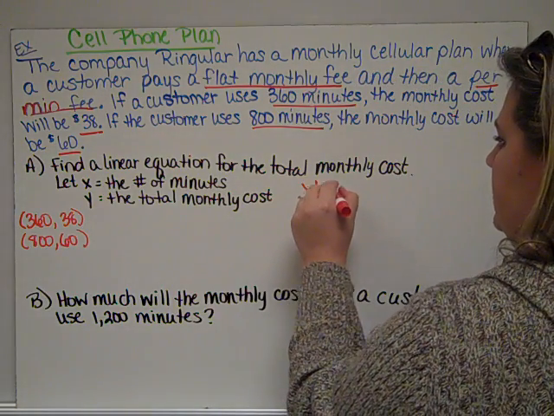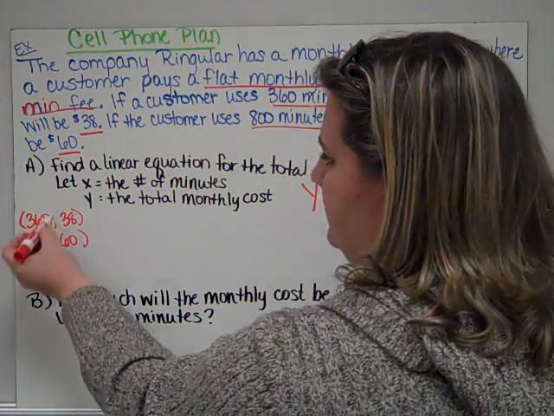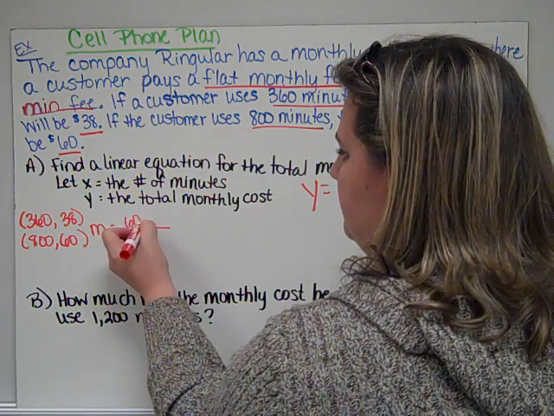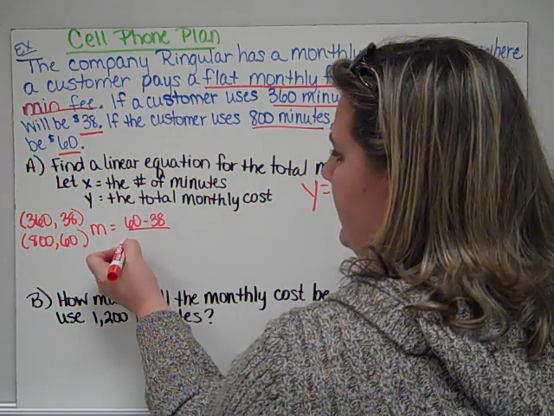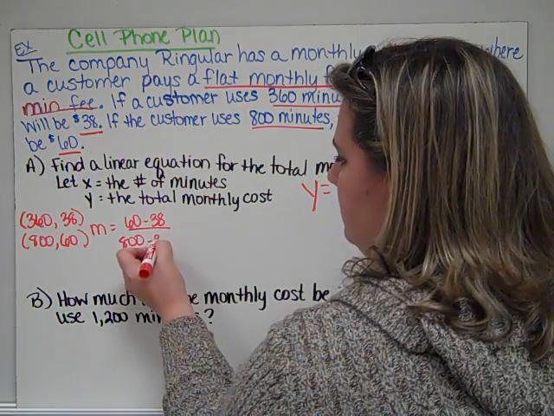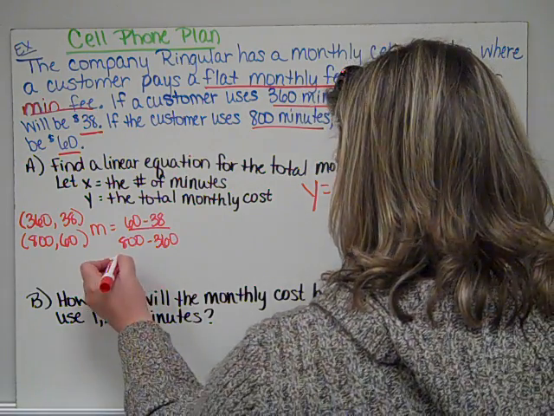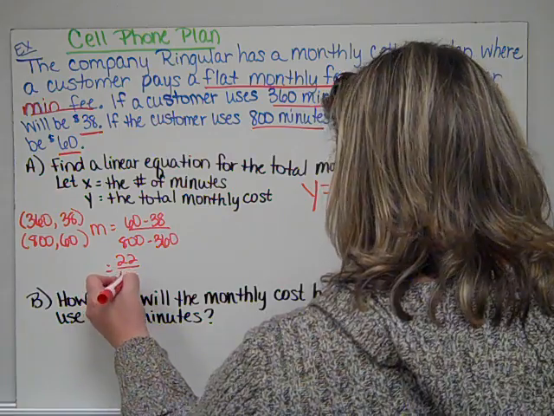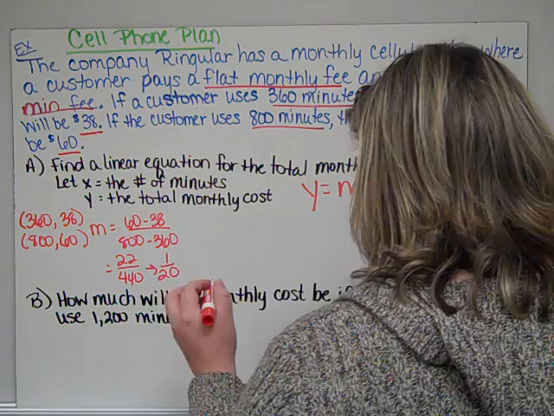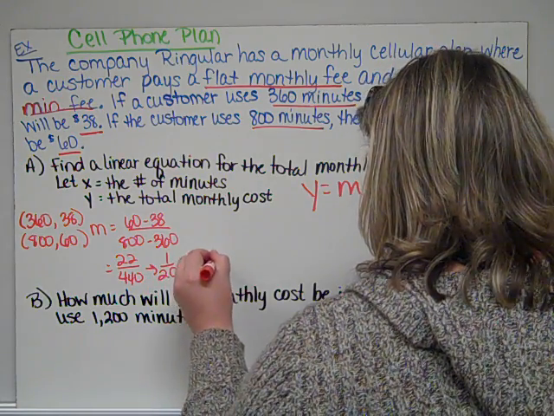Because we're trying to get our equation, I need to solve for my slope. When I simplify this, my slope is going to be 1 over 20, which as a decimal is 0.05.